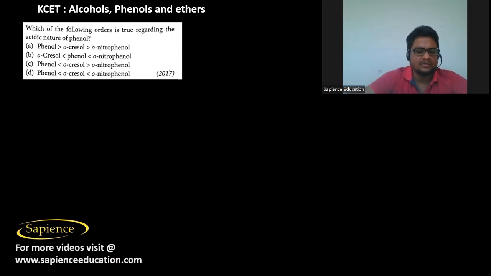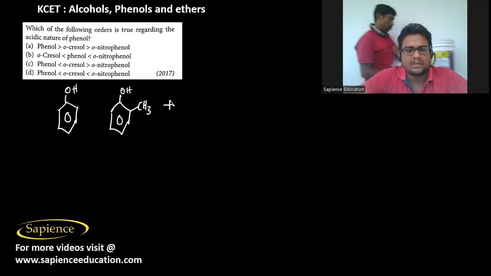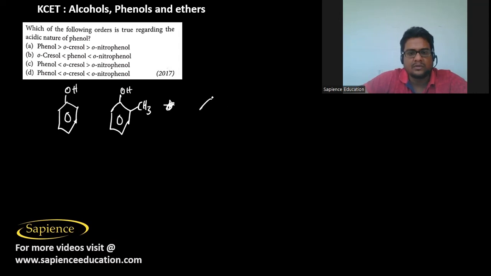Then here it is told, which of the following orders is true regarding the acidic nature of phenol. Now we have phenol and we have orthocresol, which is OH CH3, and then we have orthonitrophenol.